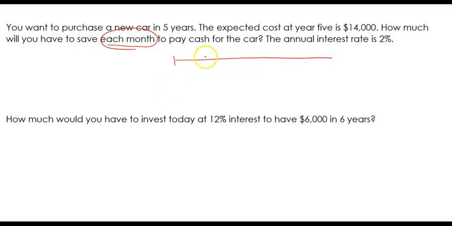Okay, so we have 5 years to save. And within each of those 5-year periods, we have 12 months. So 12 months into each one of these periods. And we're going to make a deposit into an account earning 2% every single month.